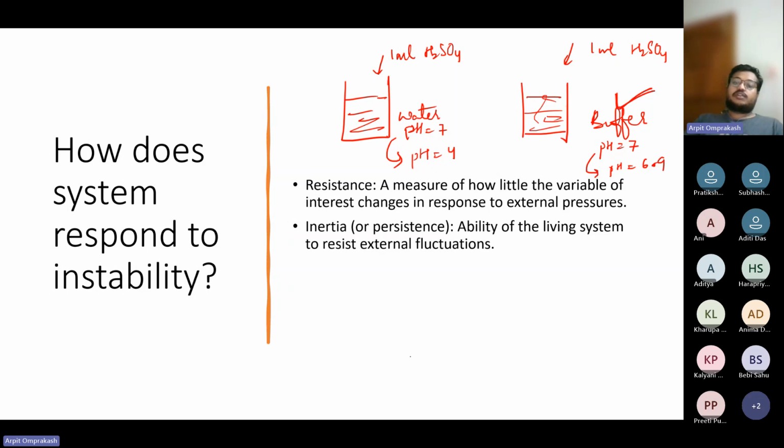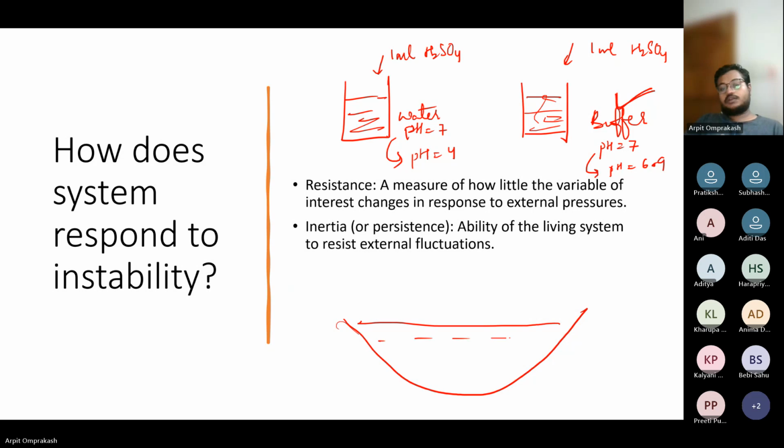Right. Now, in a living system or in a community, what might happen is, for example, we have a pond. So there are some phytoplanktons, there are some plants, and there are some fishes. These fishes eat the phytoplanktons.